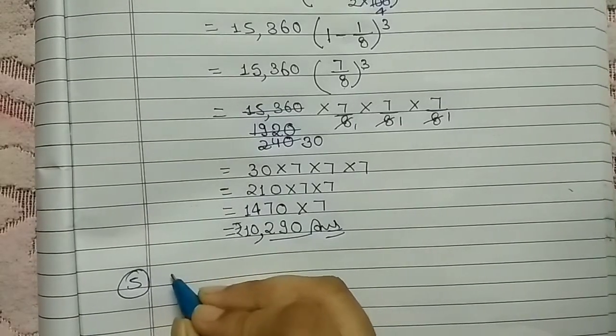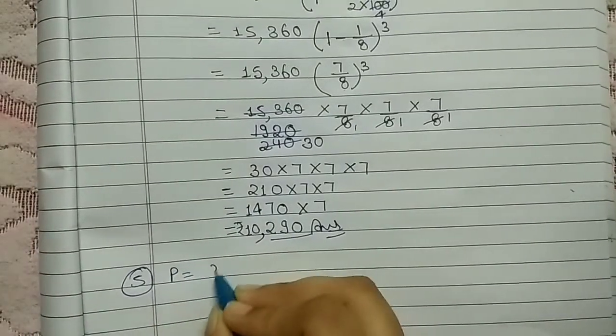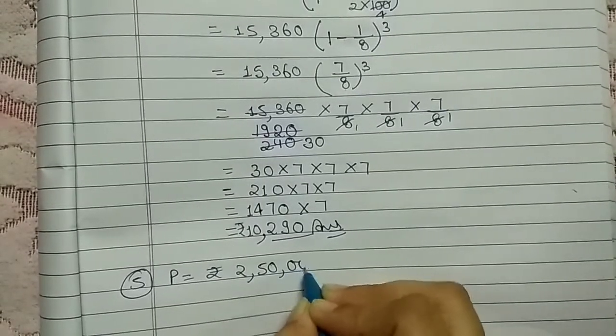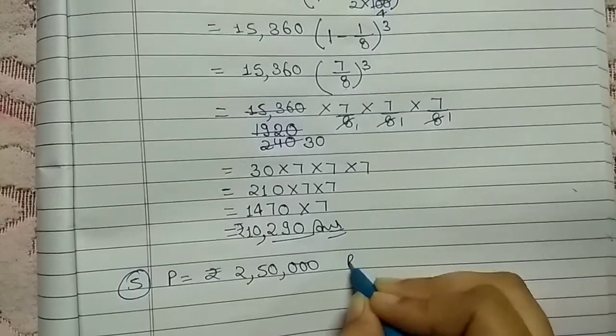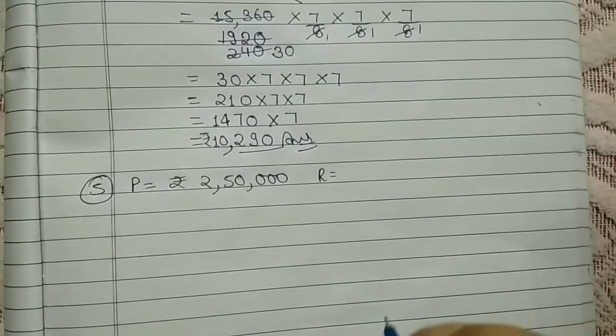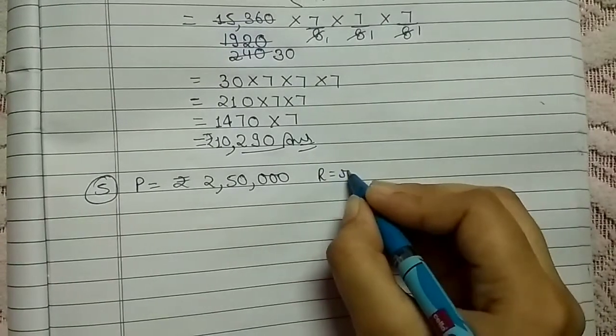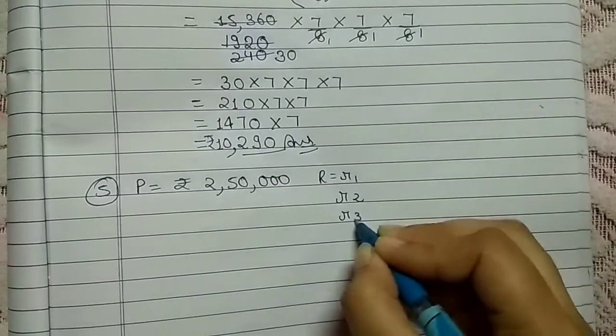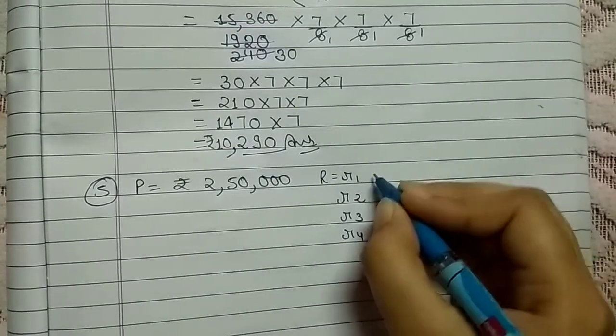So we have P equal to rupees 2,50,000. R equal to 4 R's are given to us. So let first R be R1, second be R2, third be R3 and fourth be R4.